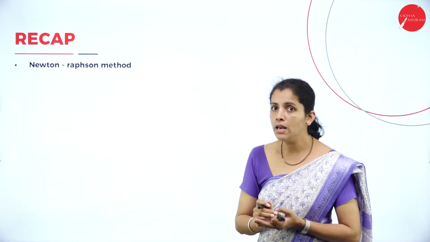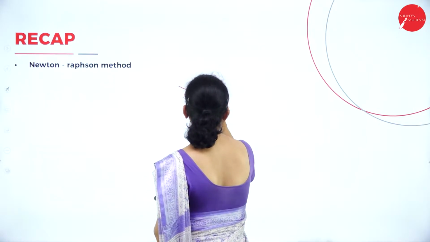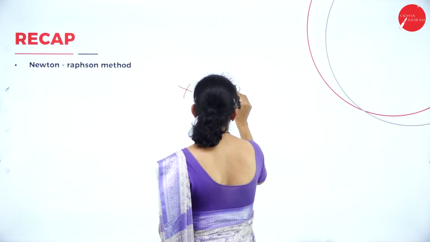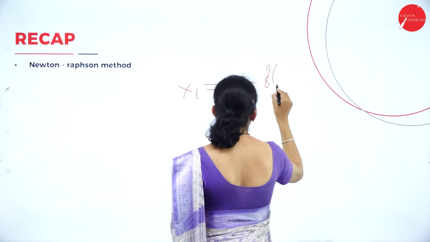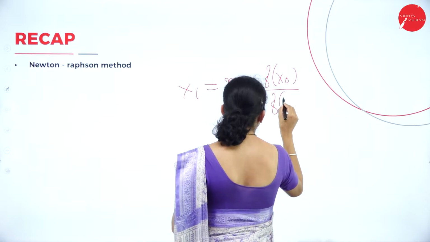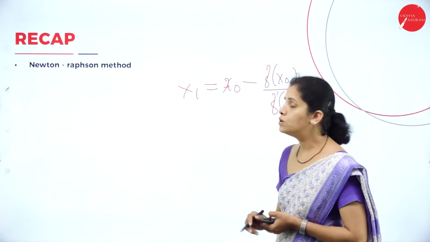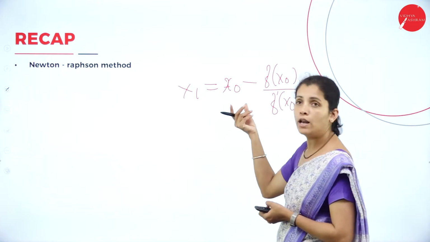And what is the formula? That is x1 equal to x0 minus f of x0 divided by f dash of x0. So, which are the values I want?